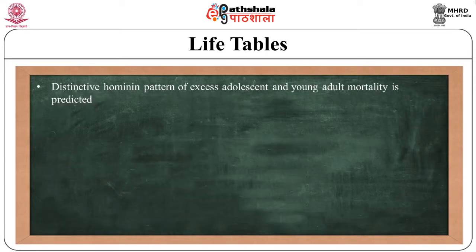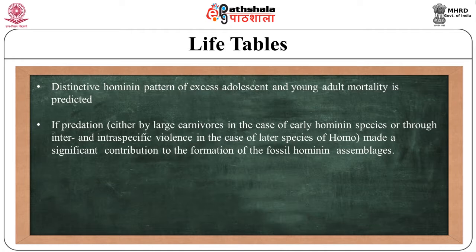The distinctive hominin pattern of excess adolescent and young adult mortality is predicted if predation, either by large carnivores in the case of early hominin species or through inter- and intraspecific violence in the case of later species of Homo, made a significant contribution to the formation of fossil hominin assemblages.